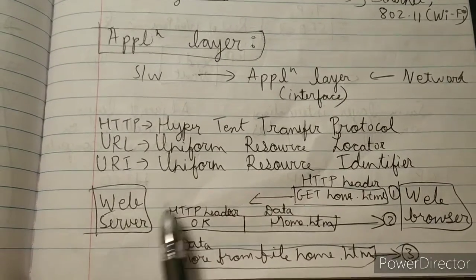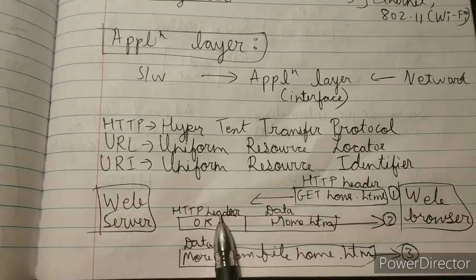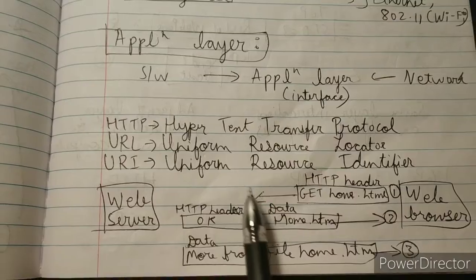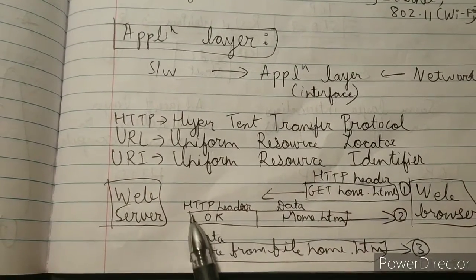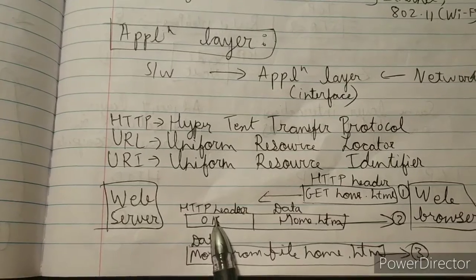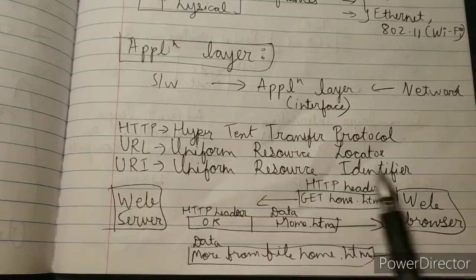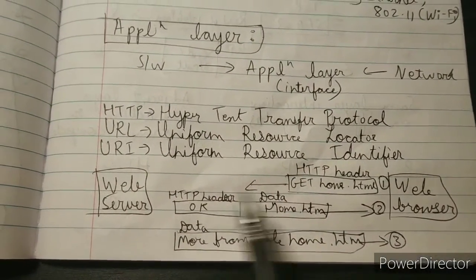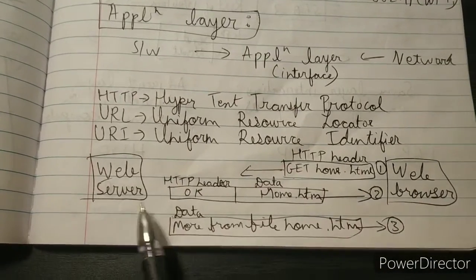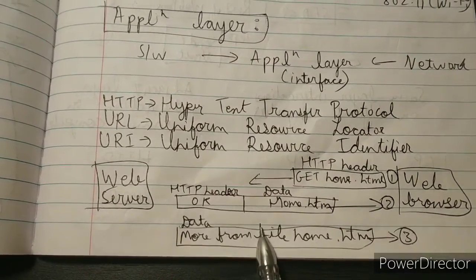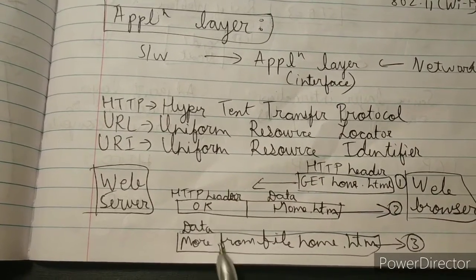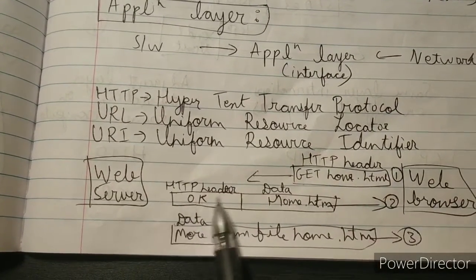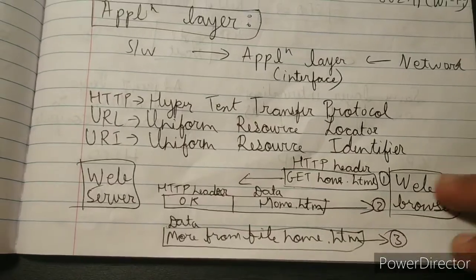Web server receives the request and sends the data along with the HTTP header which has the message OK. If the web browser needs more information, web server can send more data through the file, but here it won't include the header as it already included the header in the previous messages, which saves the space.